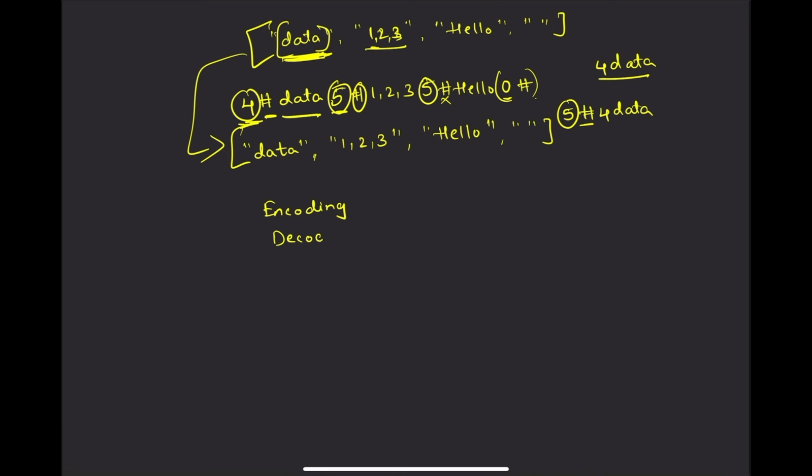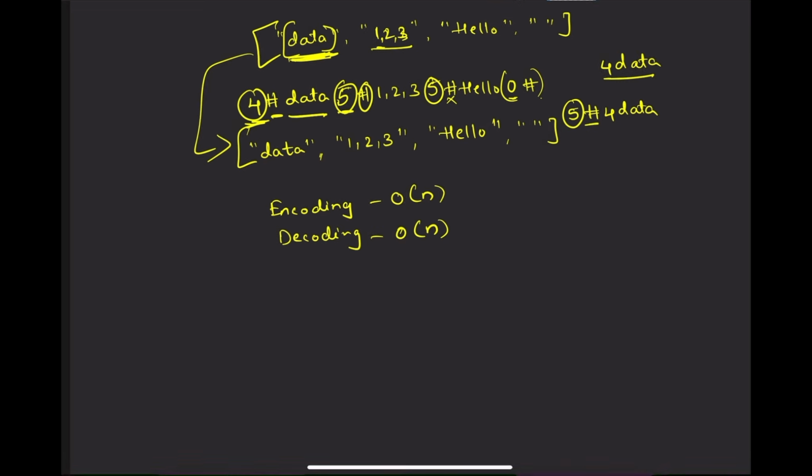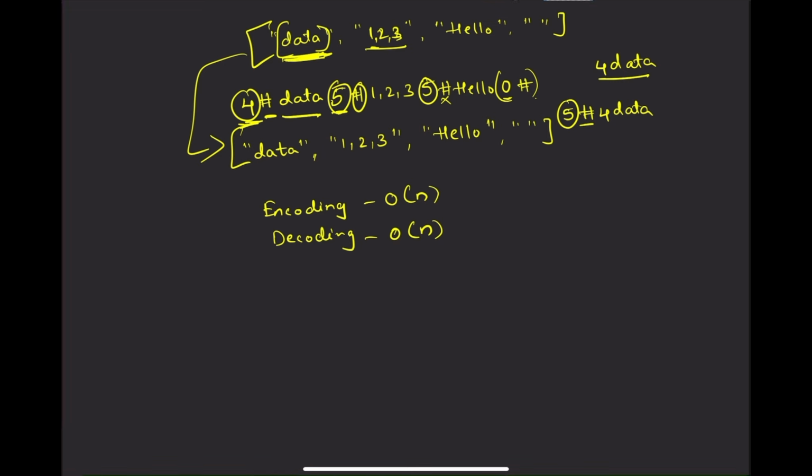For the encoding, it takes O of n time complexity, where n is the total number of characters across all the strings. And decoding also takes O of n because we read through every character just once. Now space complexity is O of n as well because we are using a new encoded string and a new decoded list. So overall, it's an efficient algorithm.